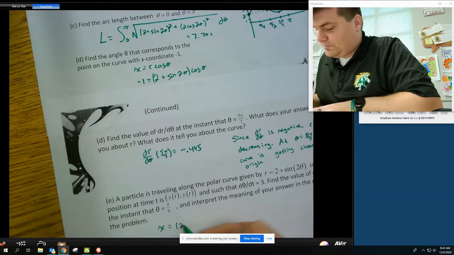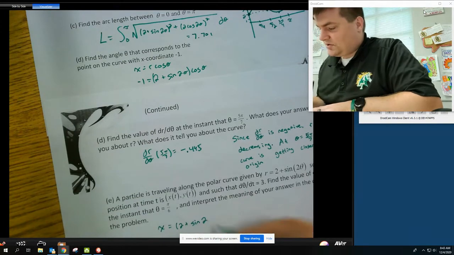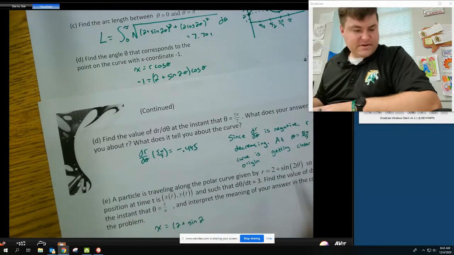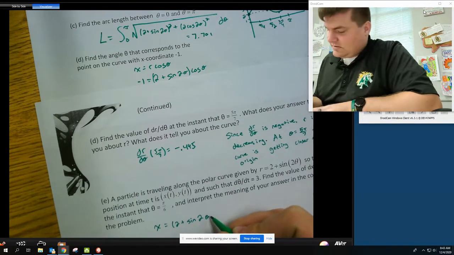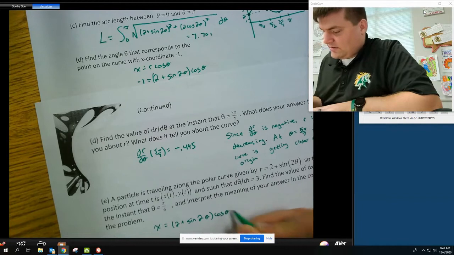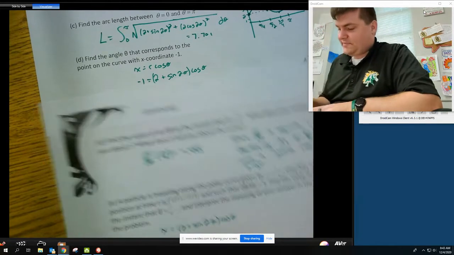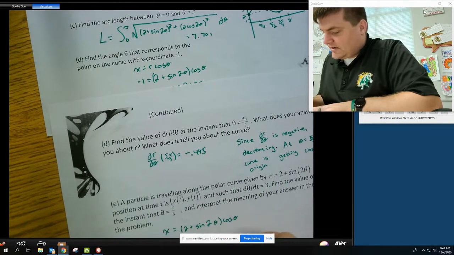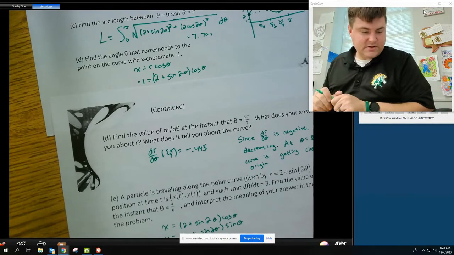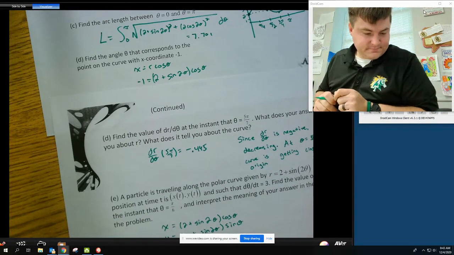So this is going to be 2 plus sine 2 theta, cosine of theta. Am I using t here? No, I'm still using theta. And then y is going to be r sine theta, so this is going to be 2 plus sine 2 theta, sine theta. Okay? So I have these two things.